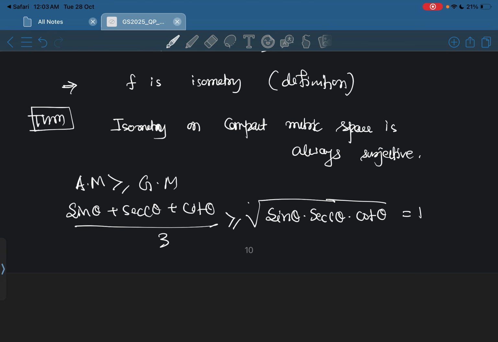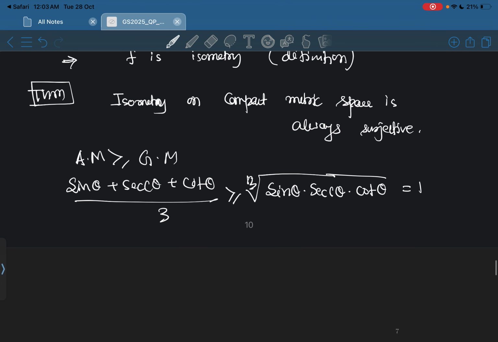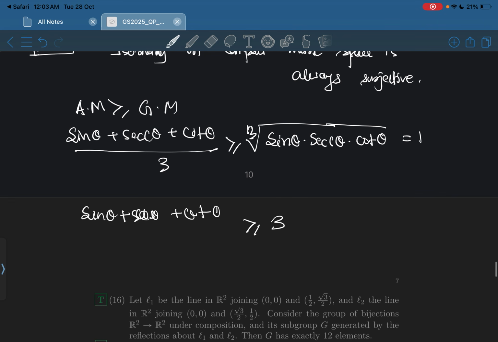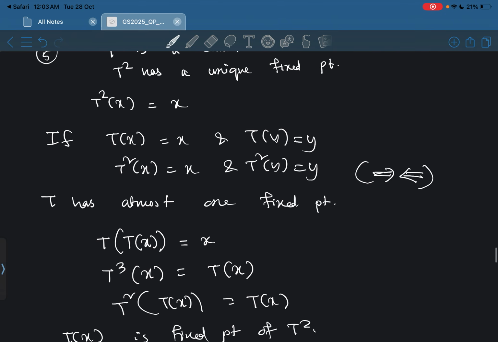Then sin theta plus sec theta plus cot theta is greater or equal to 3. And when this is equal to 3, that will imply sin theta equals sec theta equals cot theta. That is not possible for theta inside 0 to pi by 2.